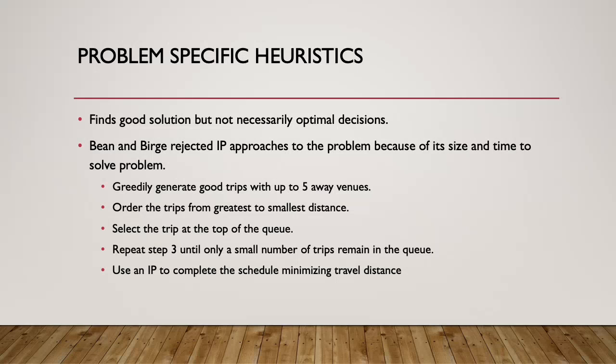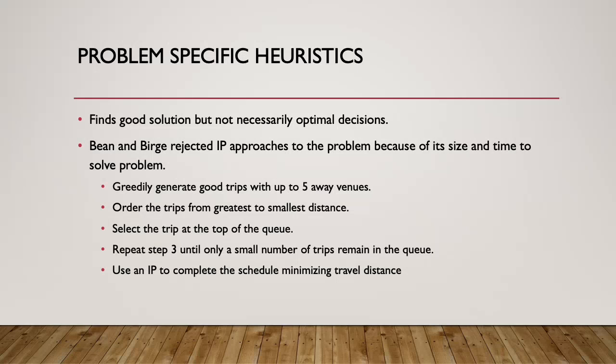Repeat these steps until only a small number of trips remain in the queue. We need to repeat these steps until we get a small number of trips in the tournament. Then use an IP after this: use an IP to complete the schedule, minimizing traveling distance.